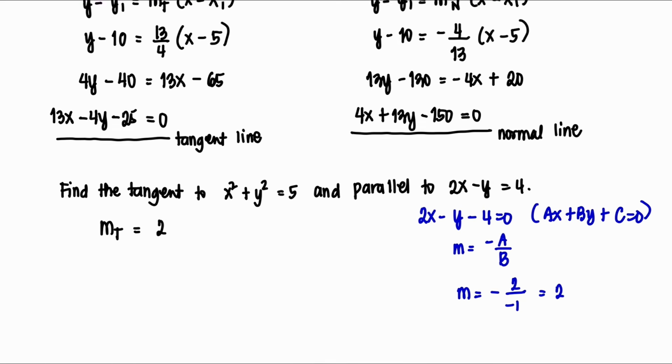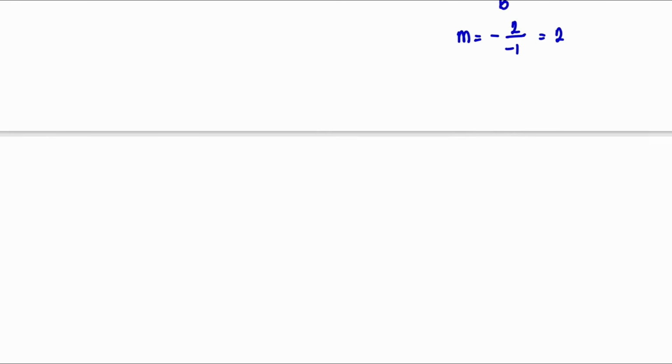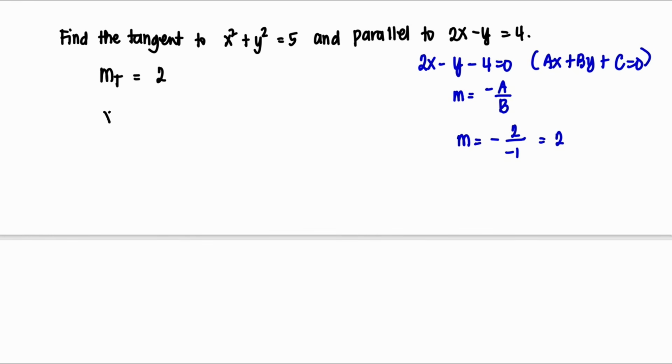So given x squared plus y squared equals 5, we can differentiate that. Performing implicit differentiation, we have 2x plus 2y y prime equals 0. Y prime therefore is equal to negative x over y.